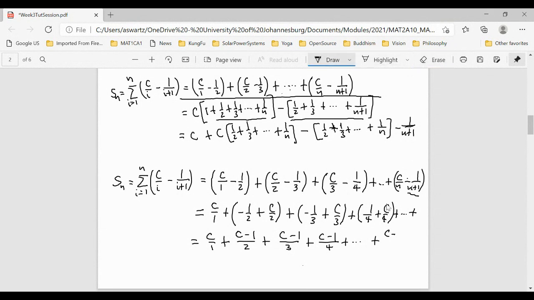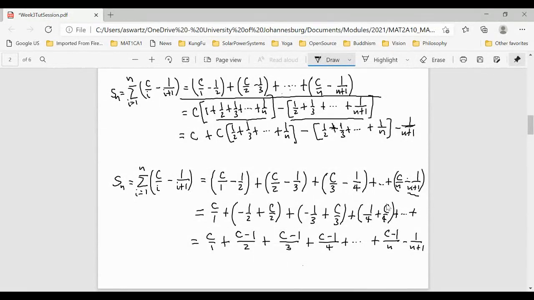This must be c minus 1 divided by 4, c minus 1 divided by n. And then the last term is going to be minus 1 divided by n plus 1. Okay, so now what does this allow us to do? So we've got c plus c minus 1 over 2 plus c minus 1 over 3 plus c minus 1 over n, and that last one has a negative sign.